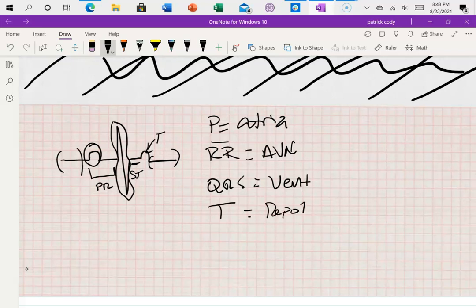Okay, so it's important that we remember these because, like I talked about in the last lesson, this is like learning a new language. And so you'll hear me as we go on talking about the P wave, the PR interval, the QRS complex, and the T wave.